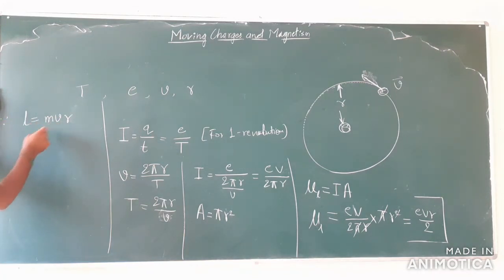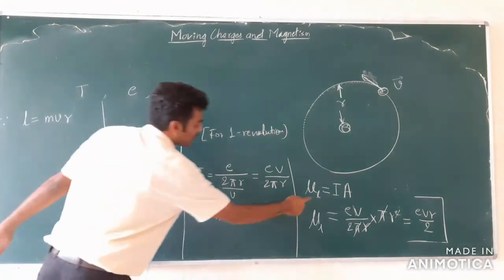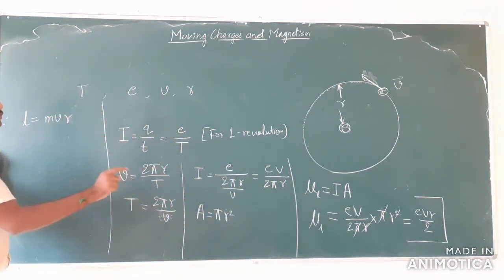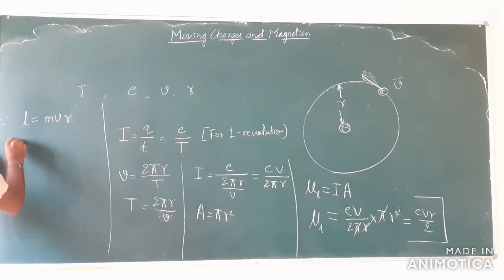Since L is equal to mvr, now I want to express mu L, where L is a subscript and mu L is one symbol, in terms of L. How do I do that? What is the term missing there? It is the mass of the electron. So let me multiply and divide the expression by m.